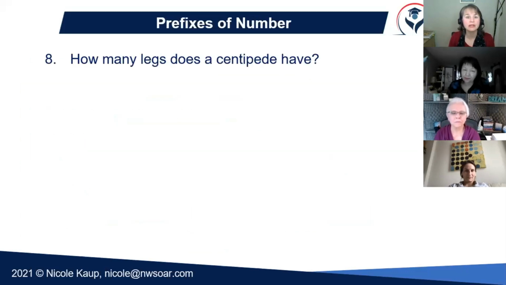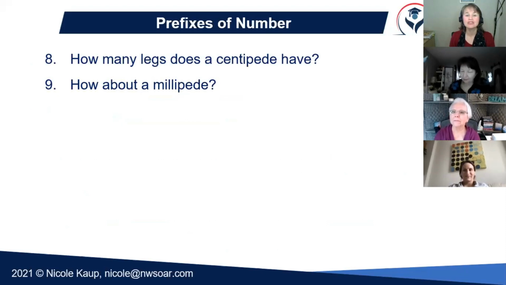And next one, how many legs does a centipede have? I don't think this is literal, but I think it's just what we think it has, a lot. 100. It would be 100 if we believe that literally. What about a millipede? 1,000. Yeah. So ped, if you notice PED, PED often refers to legs or feet, actually, literally feet.